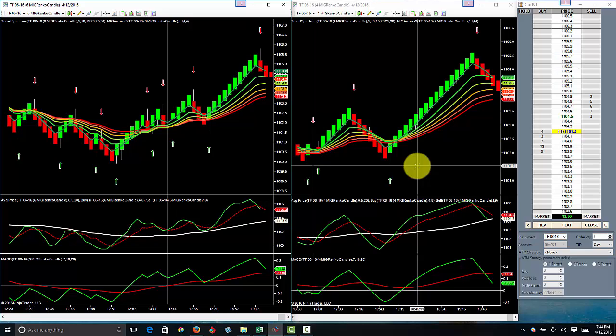So your most profitable trades will probably be a long trade, which means the market is going up in the direction.